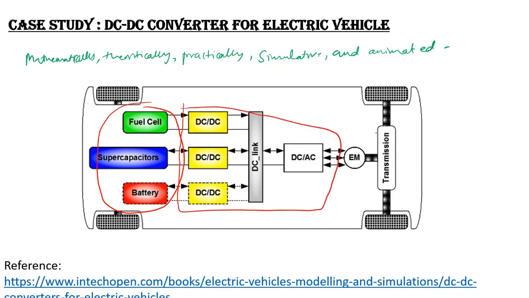Then there you go, the electric motor with a transmission to the tires. So source, power converters with switches, and this is the motor. I hope you understand the overview of the picture for the case study of an EDU.